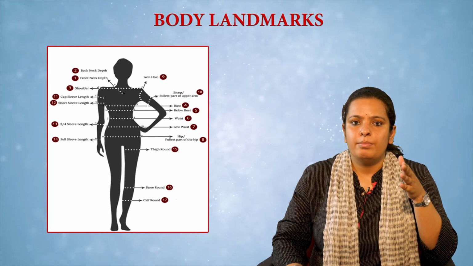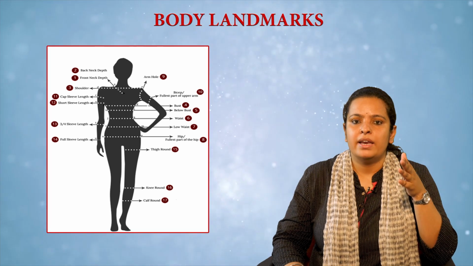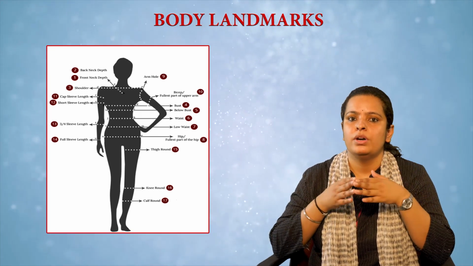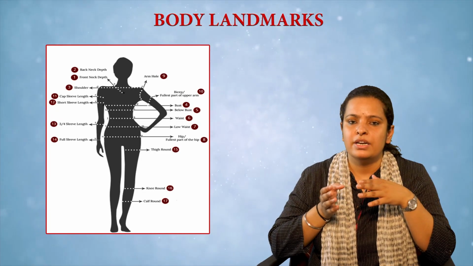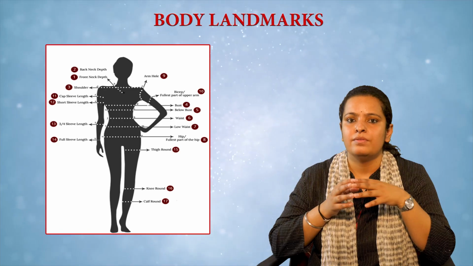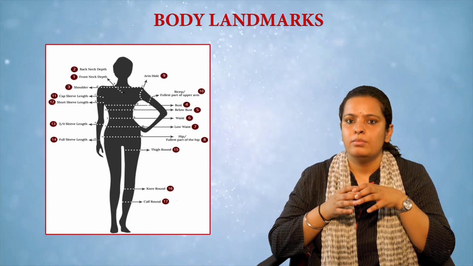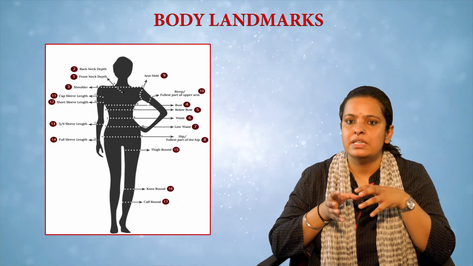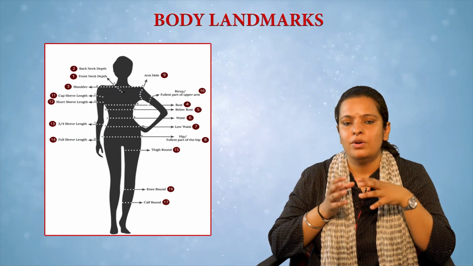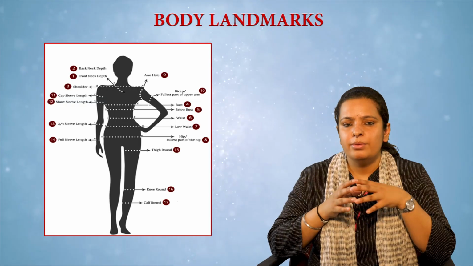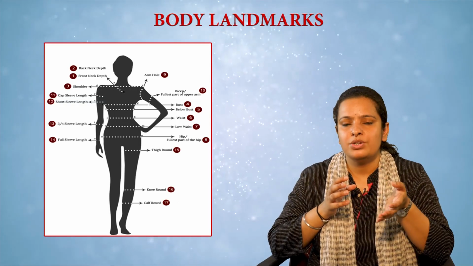So when you see the picture, you can identify that we take the measurement of the shoulder, the central front neckline measurement, the central back neckline, the armhole, and the sleeve. When we go for the sleeve or the arm measurement, it is taken straight also.